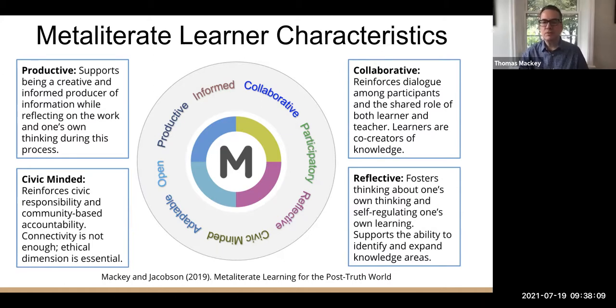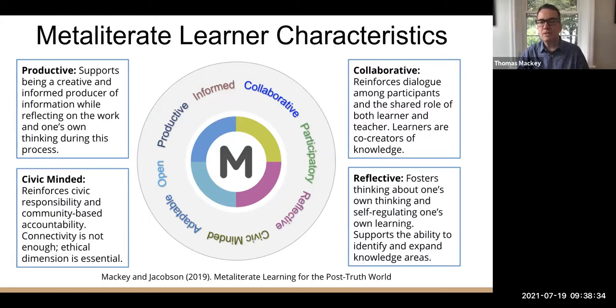So being a producer of information allows one to gain this quality, this attribute of being productive. Being a researcher encourages one to be informed. And doing so in these collaborative environments means that you can be collaborative, participatory, and of course, reflective. And it's incredibly important as you see this model.